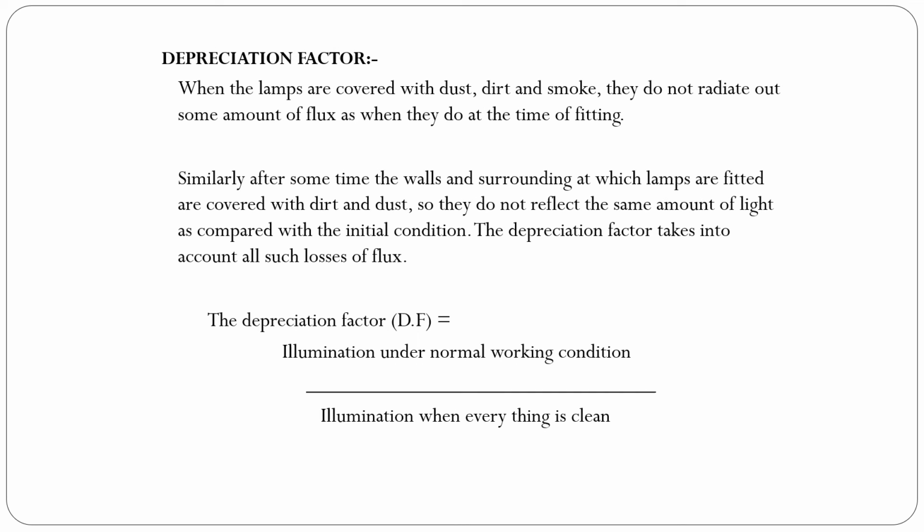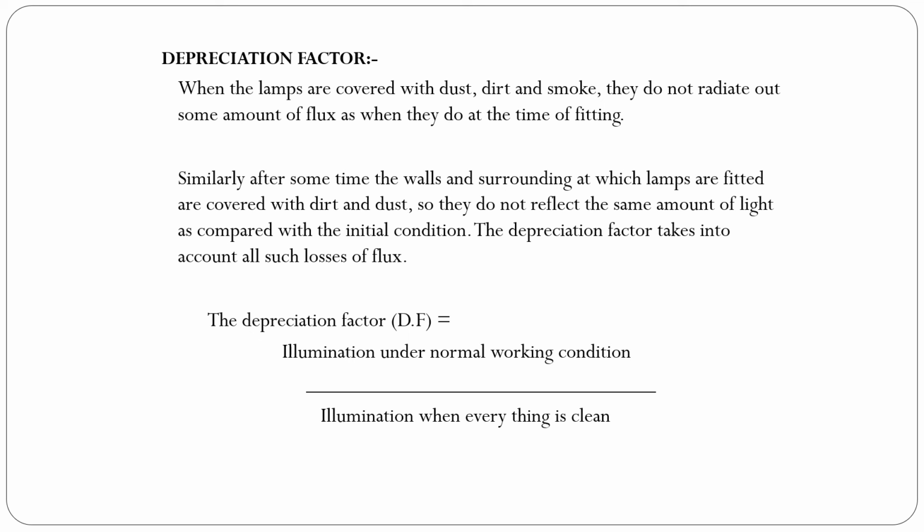Depreciation factor. When the lamps are covered with dust, dirt or smoke, they do not radiate the same amount of flux as they did at the time of fitting. Means when dust and particles are on the lamp, they are not giving illumination properly.